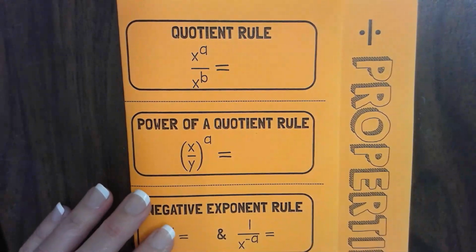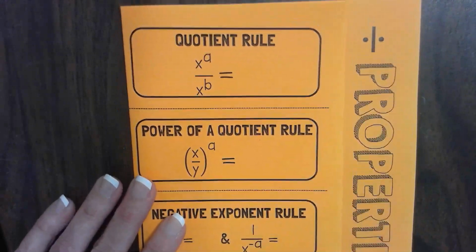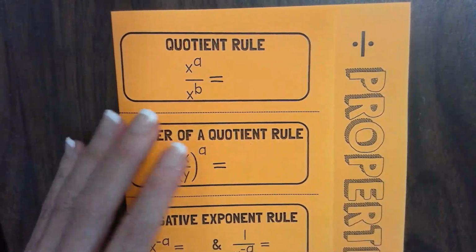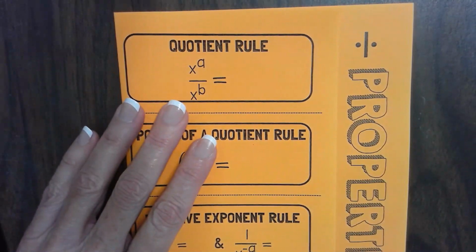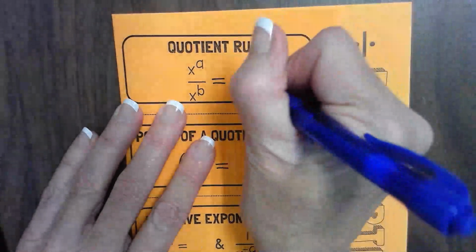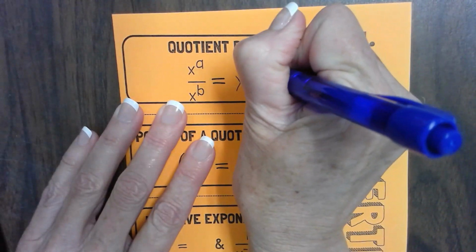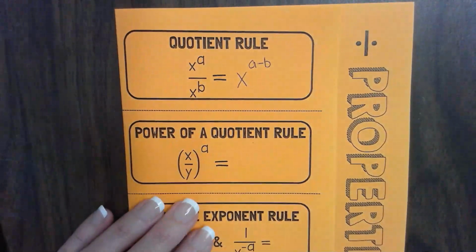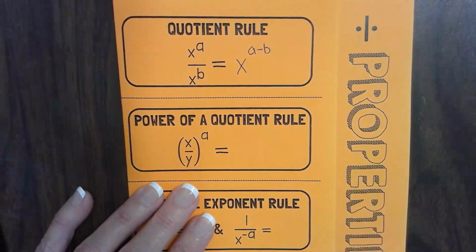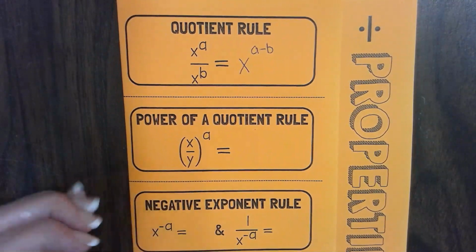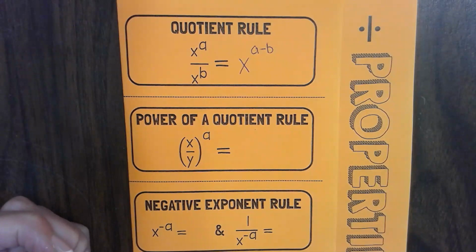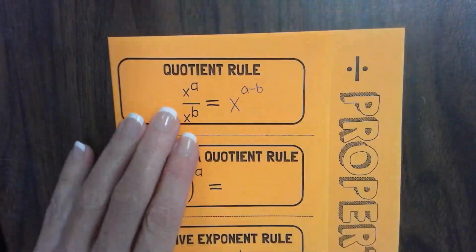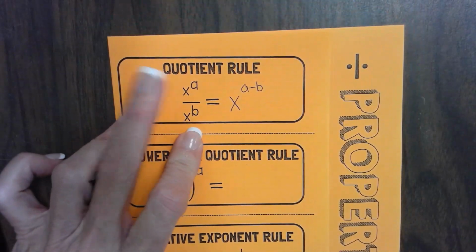Let's go to these guys. Okay, now we are dividing like bases, so what are we supposed to do with the powers? Subtract. So we're going to write as a power a minus b because we're subtracting. And we've done this over the last few days, this one.